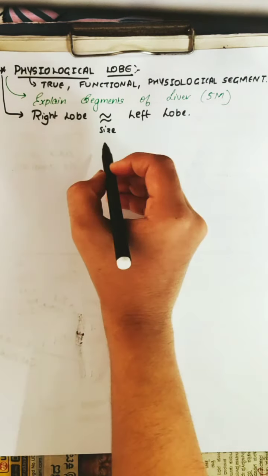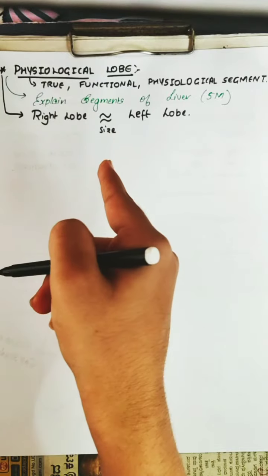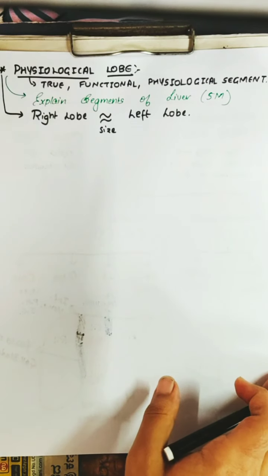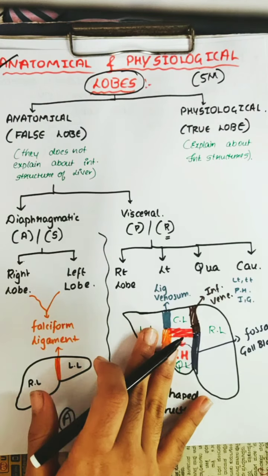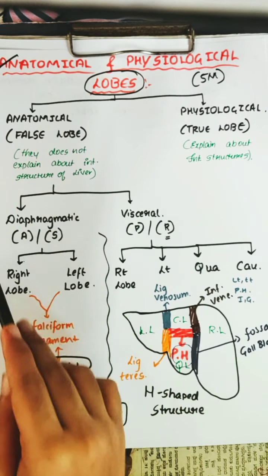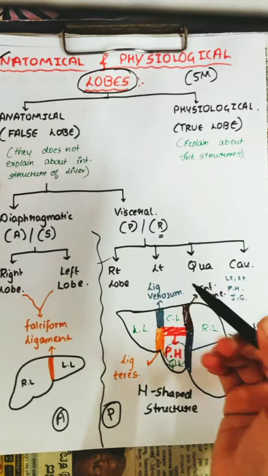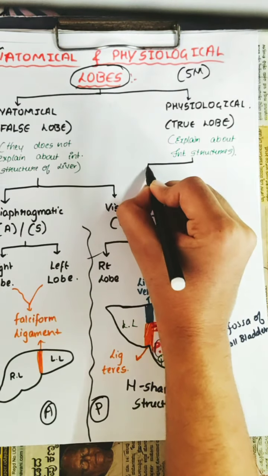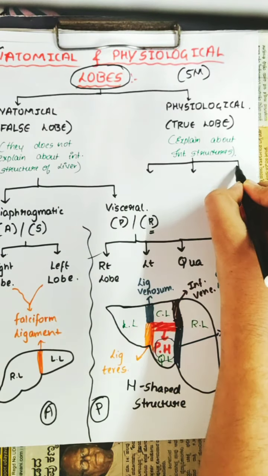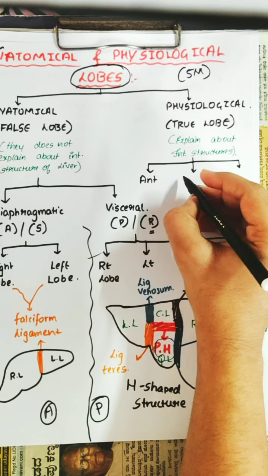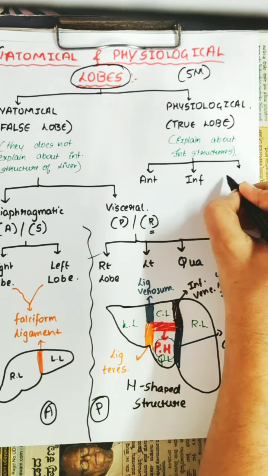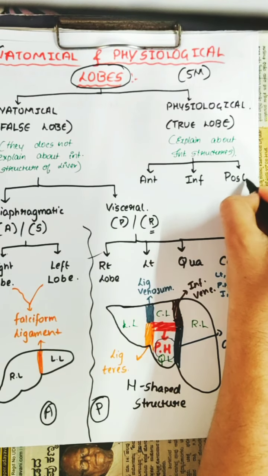In the anatomical lobe, there were two surfaces, diaphragmatic surface as well as visceral surface. But in the physiological lobe, there are three surfaces. First one is anterior surface, second one is inferior surface, as well as third one is posterior surface.